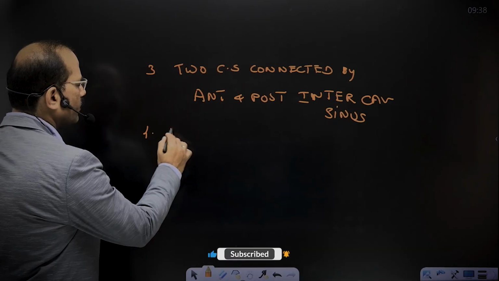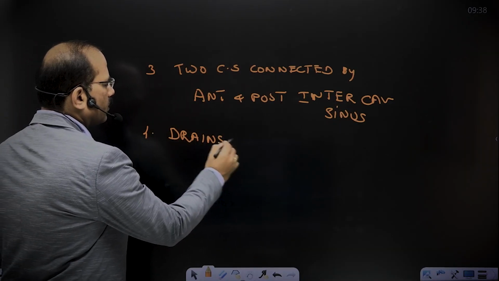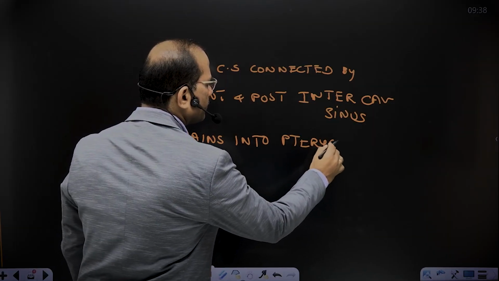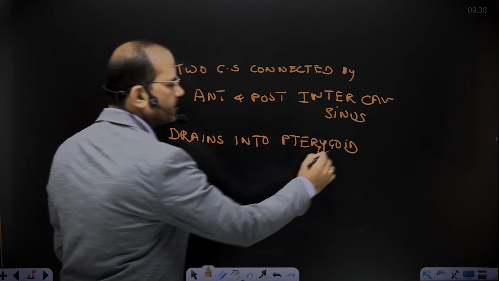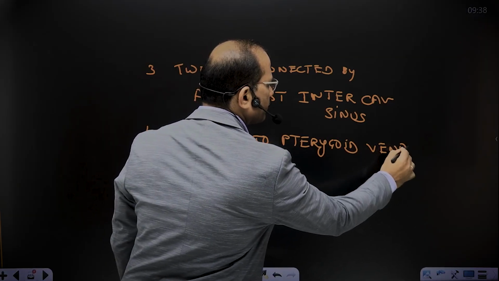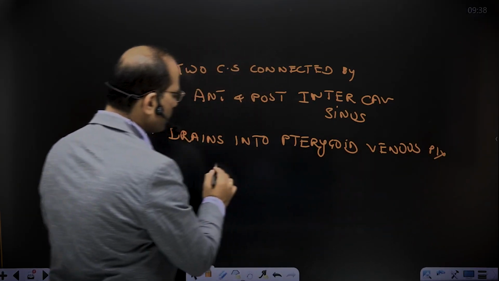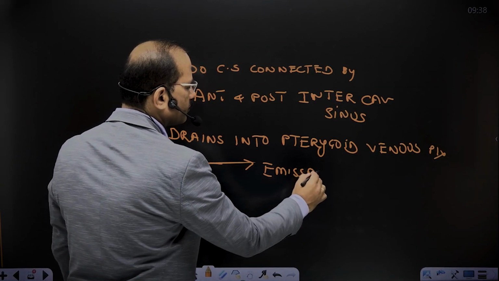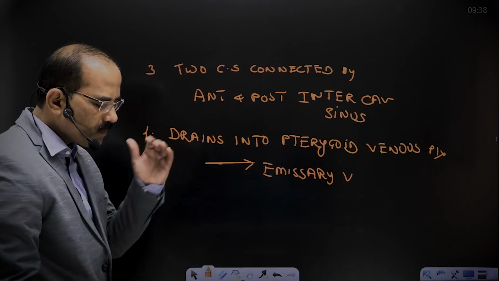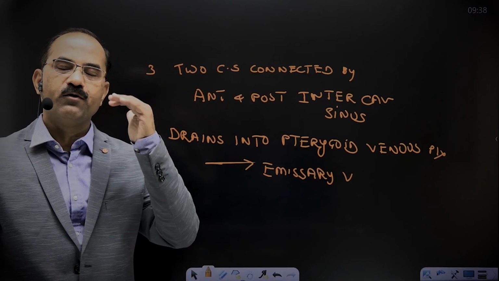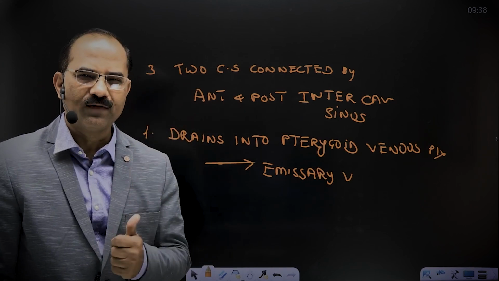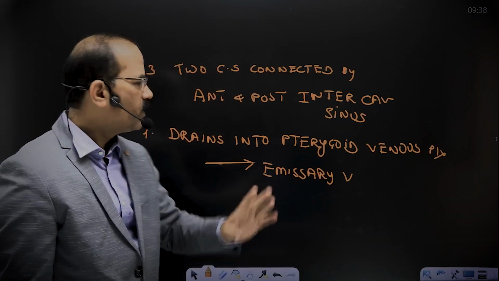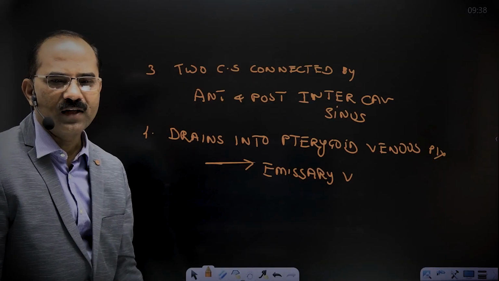And fourth, it drains into the pterygoid venous plexus through an emissary vein. From the cavernous sinus the infection goes to the pterygoid venous plexus, and from the pterygoid venous plexus the infection goes to the cavernous sinus. It can come in the reverse direction also. These are all valveless, so the cavernous sinus connects with the pterygoid venous plexus through the emissary vein. Clear to all of you students?